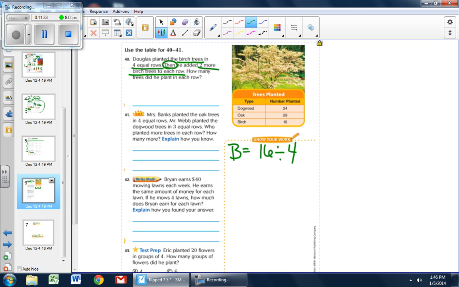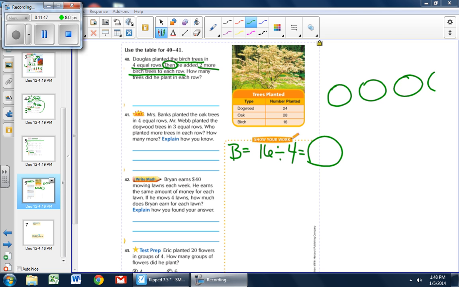Okay, so we need to first figure out what 16 divided by 4 is. After finding what 16 divided by 4 is, you can use one of those strategies and make 4 groups and count out 16. You can use related facts, that 4 times what equals 16, and that number goes there.